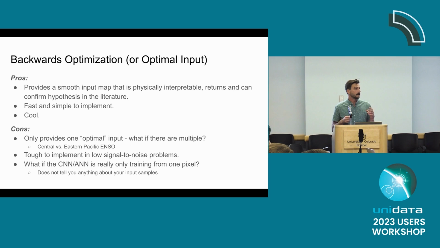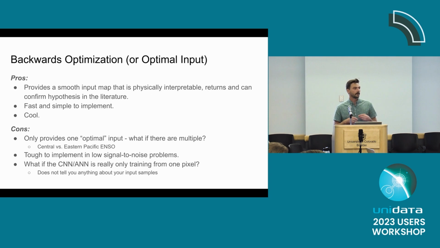I found it very, very tough to implement when it's a really low signal to noise problem. So when the network is low skill, there's a lot going on there, and then you try to reconstruct it backwards, oftentimes you find that the reconstructions don't make a lot of sense. So really picking the problem well is a good way to start with these optimal input methods.